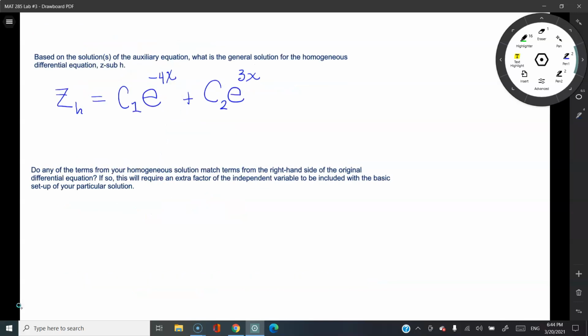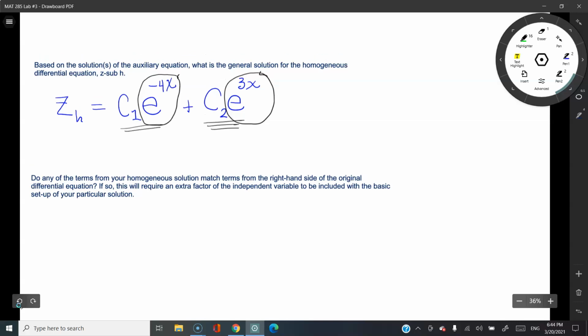The next thing we need to do, before we start considering the original right-hand side of our equation and how to solve the non-homogeneous equation, is check to see if any of the terms in our homogeneous solution match terms from the original right-hand side of our differential equation. So what we're looking for is e to the negative 4t or e to the positive 3t.